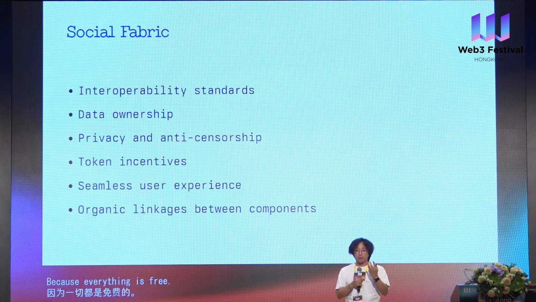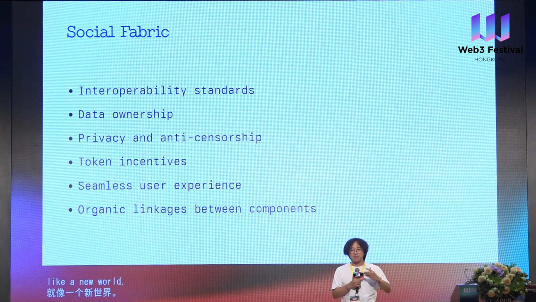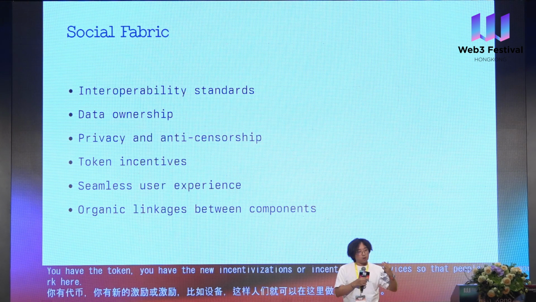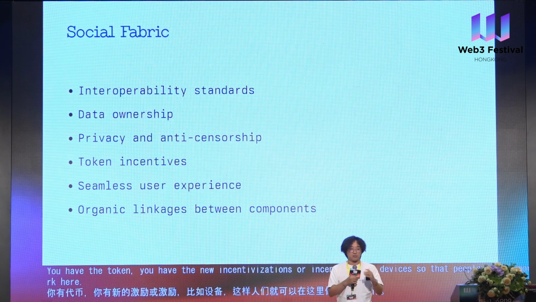You don't have to worry about how to make money on this platform, because you don't have to, and you cannot. But in this new world, you have the token, you have new incentive devices so that people can do more work here. We also want a seamless user experience and organic linkages between different components in this world.